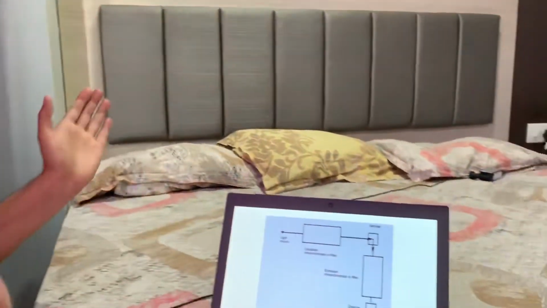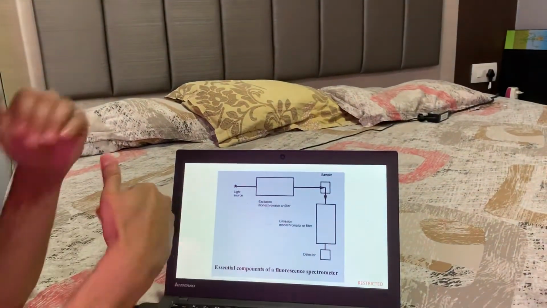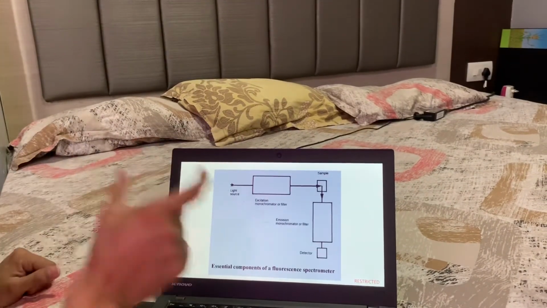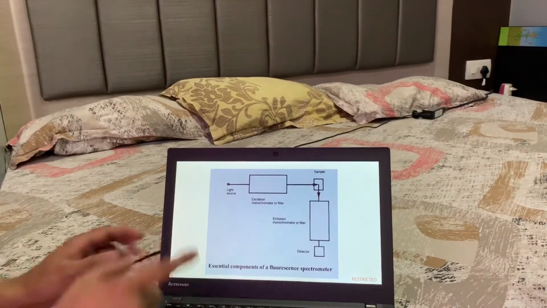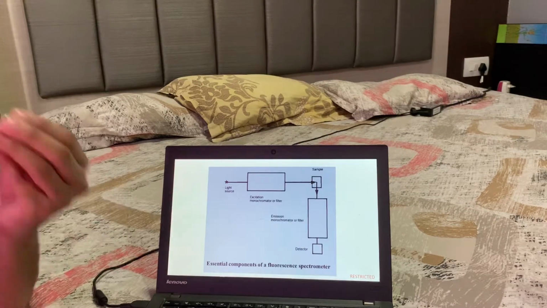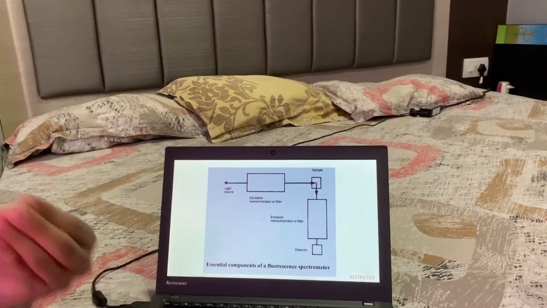So this is a very normal representation. You have the light source, then you have the excitation, and this excitation has the monochromator or the filter. Now you have the sample, and this sample definitely should have the capacity for fluorescence.